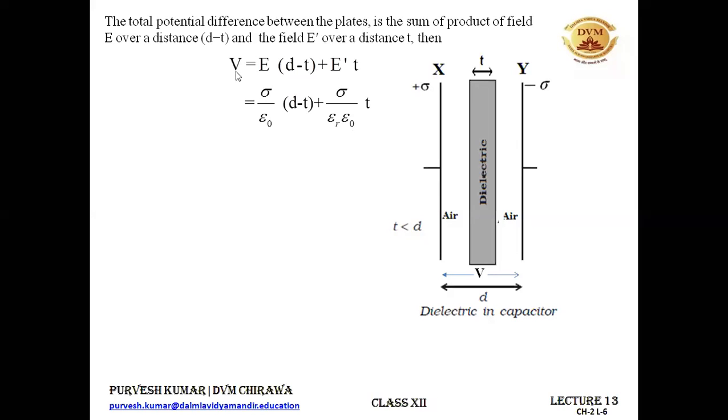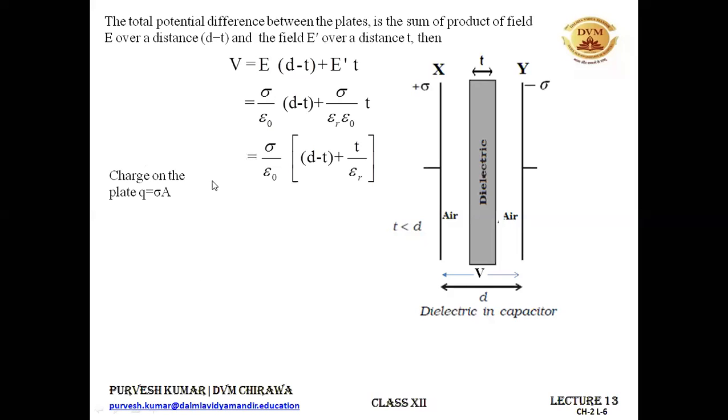I have just inserted the values of E and E dash from equations 1 and 2. Now take sigma upon epsilon naught common, and it becomes d minus t plus t upon epsilon r. All right, I've just taken out sigma upon epsilon naught as common.